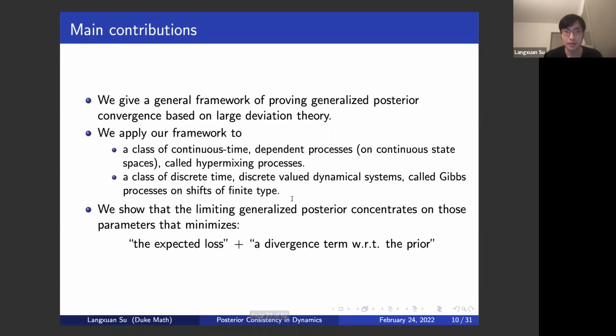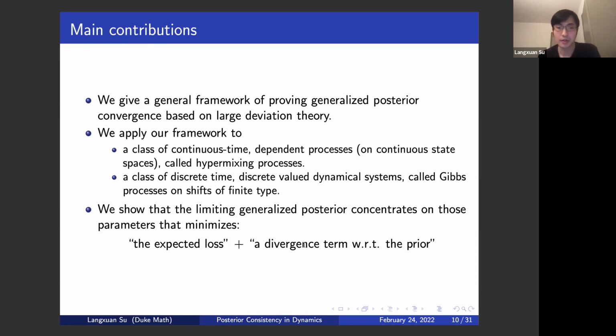And we don't just show that, under some conditions, the generalized posterior converges, but we also characterize the limiting generalized posterior by showing that it concentrates on those parameters that minimize some expected loss and a divergence term with respect to the prior.